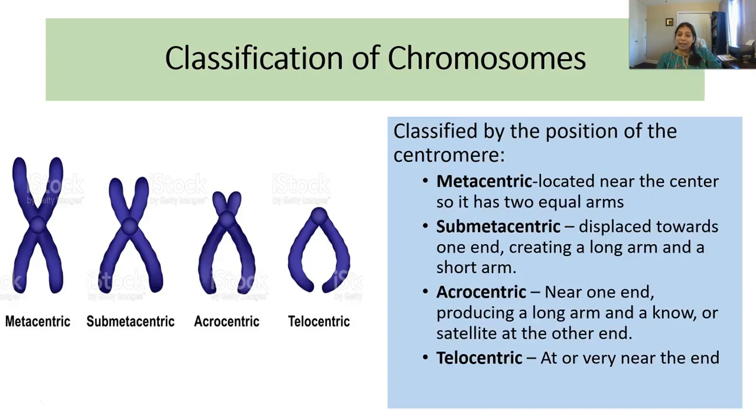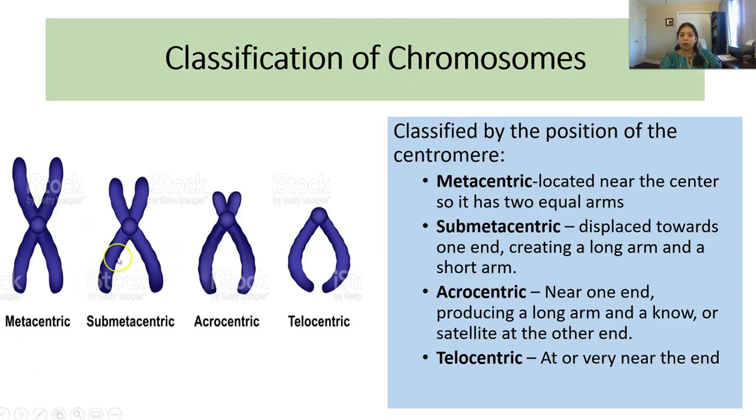Now, chromosomes, like I said, don't have to have that centromere right in the center. They come in all different flavors. So depending on where the chromosome has the centromere is one way that we classify the chromosomes and name them. A metacentric chromosome is where the centromere is located near the center, so both P and Q arms are equal or nearly equal in length.